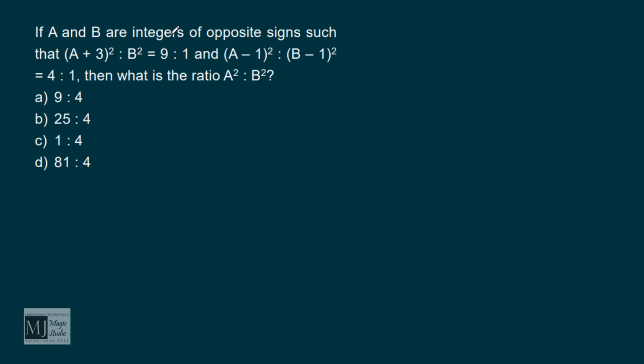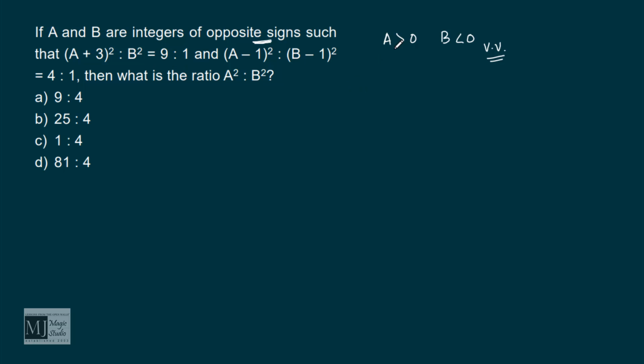If A and B are integers of opposite sign, that means if I assume A to be greater than 0, B should be less than 0 or vice versa, such that (A plus 3) whole square is to B square is 9:1.